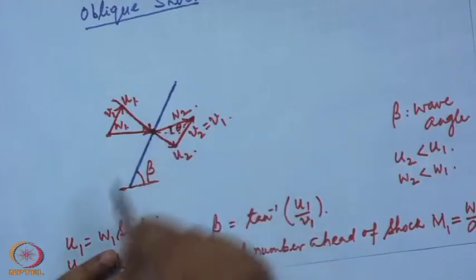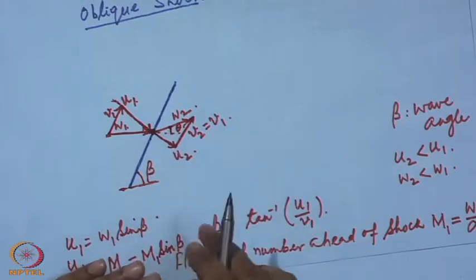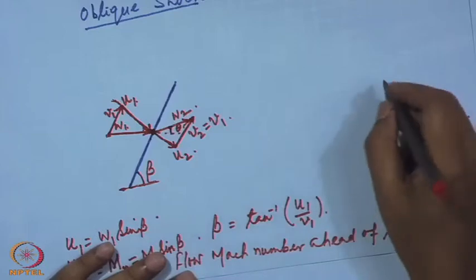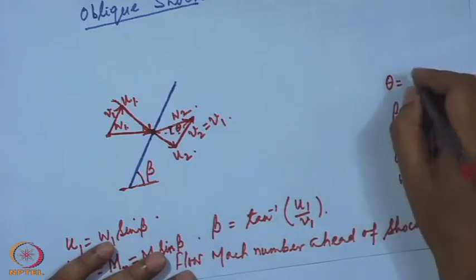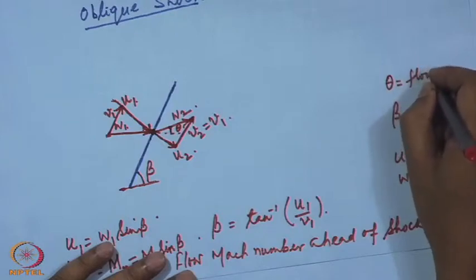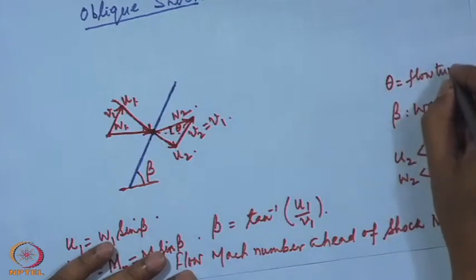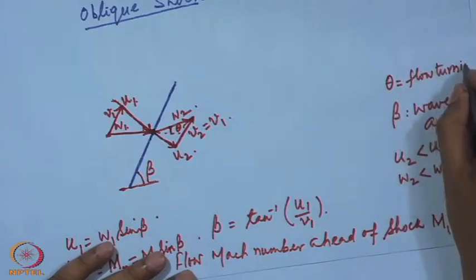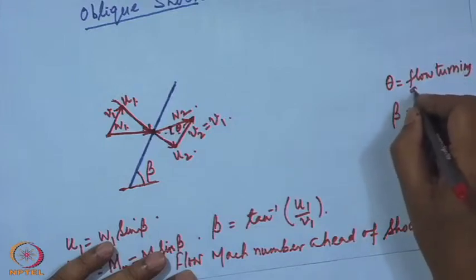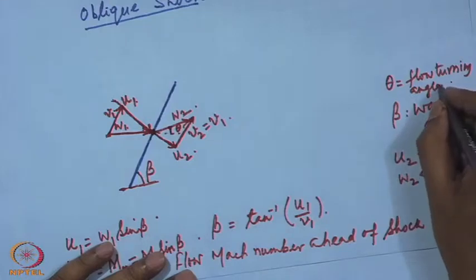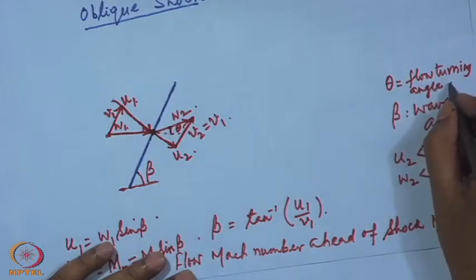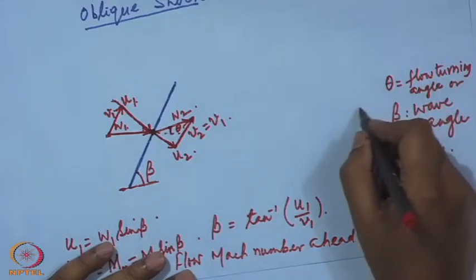This angle theta, that is the angle between W1 and W2, is called the flow turning angle or deflection angle.